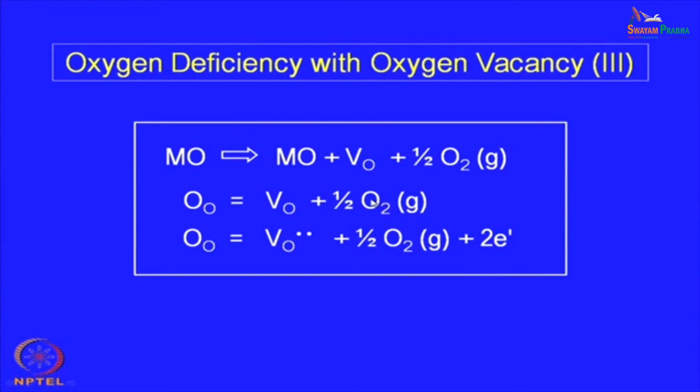Here there is one oxygen and there is one oxygen here. That means we are focusing on the oxygen lattice site and oxygen vacancies. Here there is no charge, all are neutral. Here a charge has been introduced, 2 negative charges and 2 effective positive charges, they neutralize each other, and this oxygen and this oxygen make the mass balance.